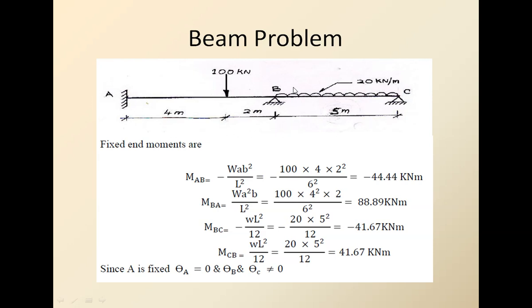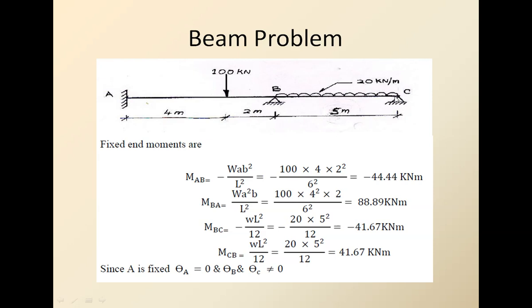Joint B is a simple support which is restrained against translation. So there will be some reaction, but it does not restrain the rotation. So there will be some rotation, that is theta B. Similarly at joint C also a simple support which has theta C.